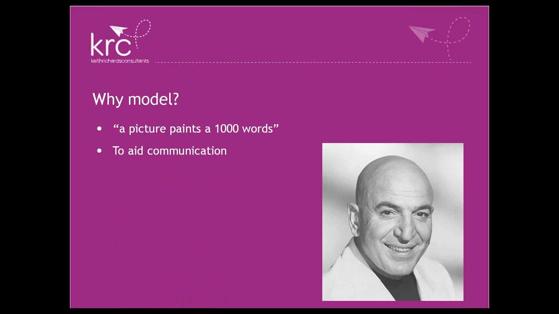So if we've got a picture and it's worth 1,000 words, that's going to be really good in terms of communication, because if we're using visualization to communicate, it means we've got less reliance on text, on email, and on written documents. I'm not trying to say we need to model and not write anything, quite the opposite, but as a complementary way of working, adding diagrams and models to what you're writing can be extremely powerful.